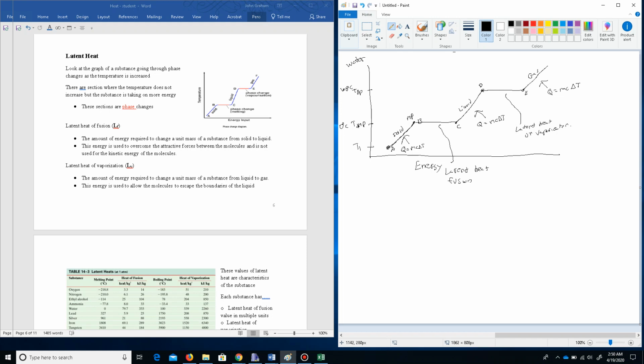If you notice before, specific heat of ice is different than water, which is different than steam. So that's what's going to change these values. So you can't just multiply it by 3. These points here deal with a different equation. This is that Q equals mLF and Q equals mLV.